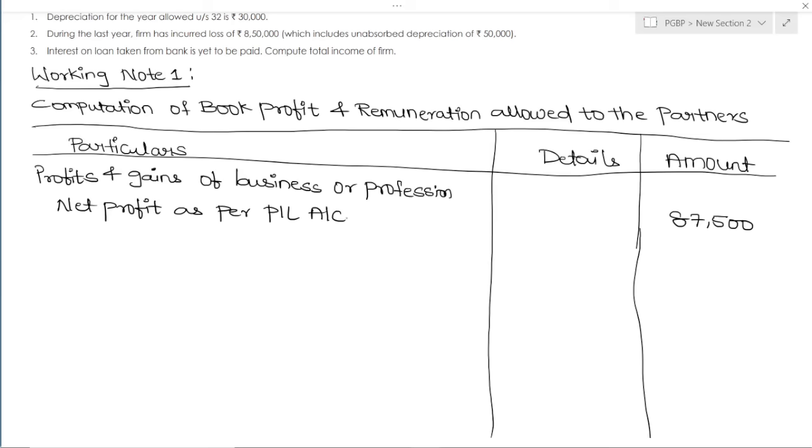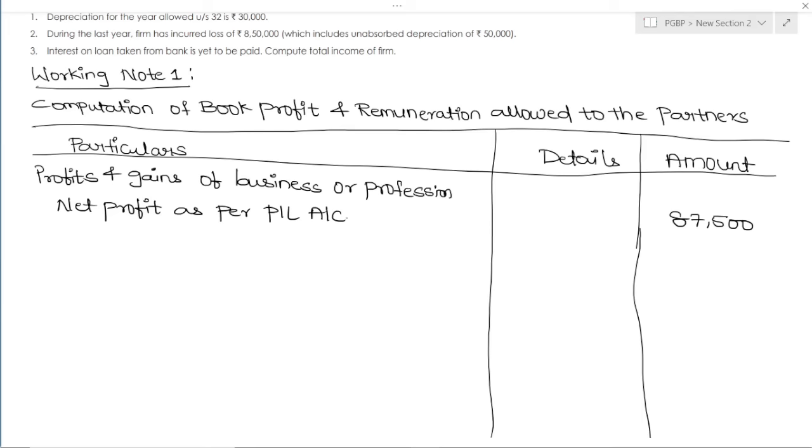So why to duplicate the work? Let us directly take net profit as per accounting, that is 87,500, and whatever is not right as per income tax, let us correct it. Because in whole accounting there may be very few things which income tax may not agree with. That will ease our job.